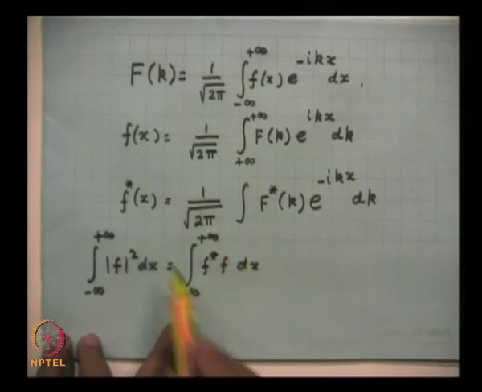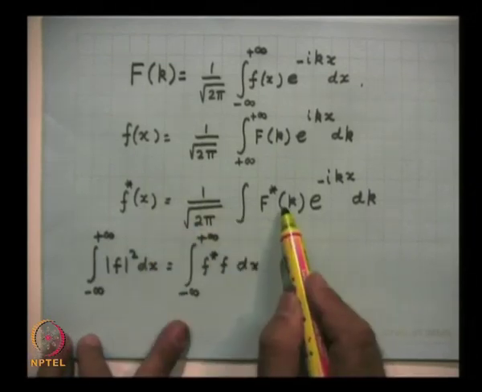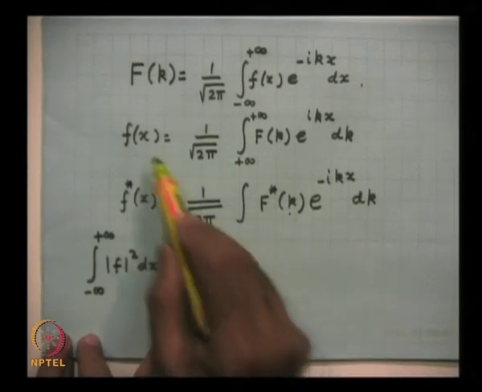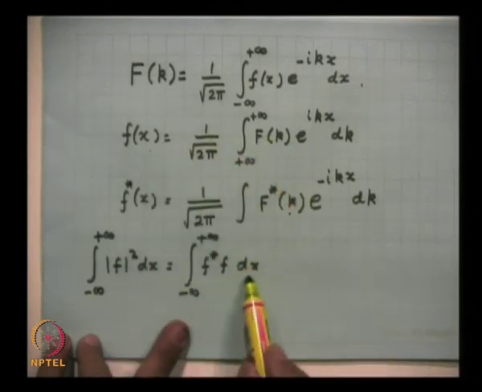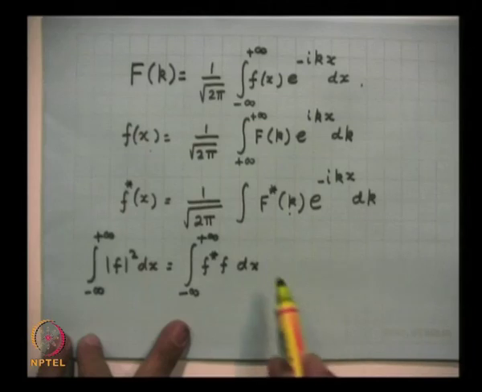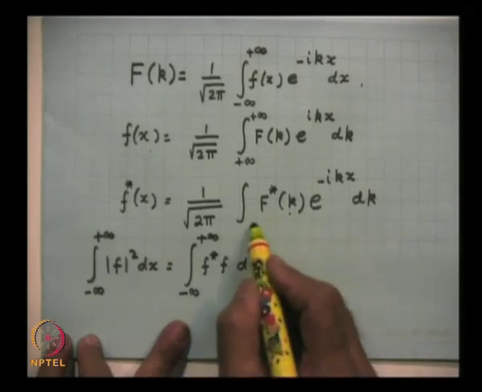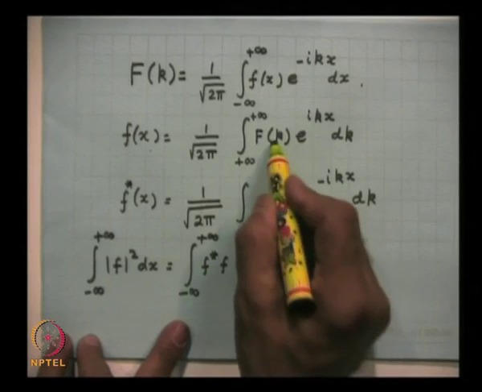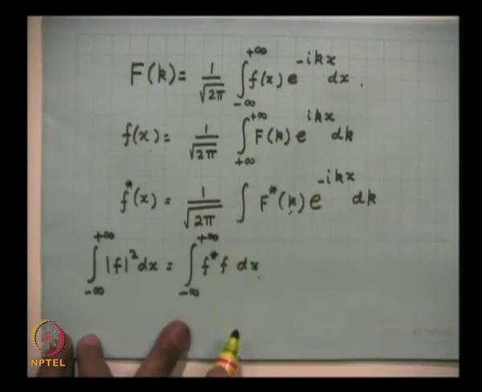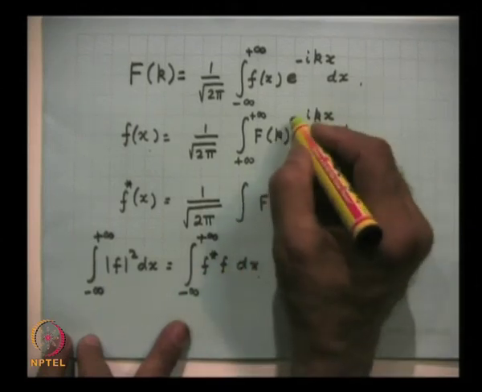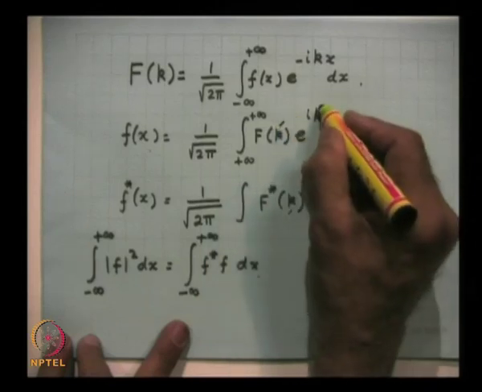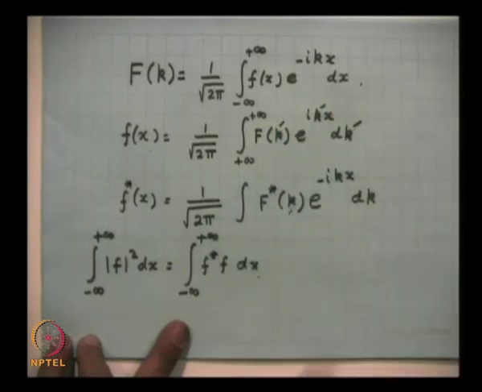What I will substitute is f star from here and f from here, and then carry out the integration over x. Now we must be very careful, because this k should not get confused with this k. So, I will put a prime here, k prime here, k prime here, then everything is all right.